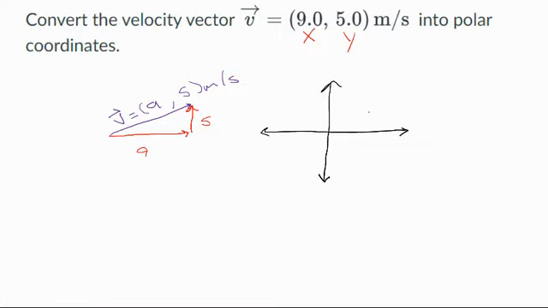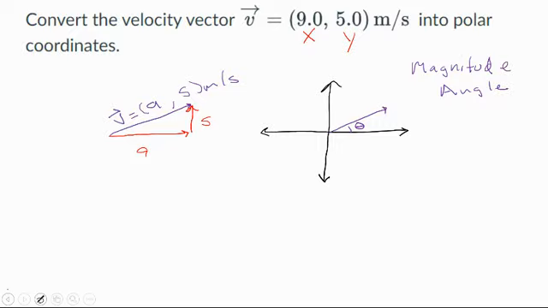If I draw this in the xy plane, what is the magnitude and what is the angle? And so the angle is from here to here, and we'll call that theta, the Greek letter theta.